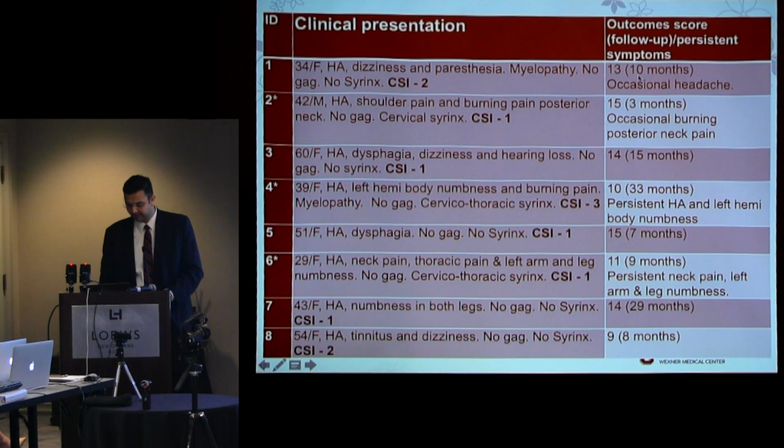After surgery, we had follow-ups for 3 to 15 months, and one patient even had a 2-year follow-up. And all of the patients improved in terms of their symptoms, and most of the improvement index was between 13 and 15. We had one patient who did not significantly improve, with a Chiari outcome score of 9.